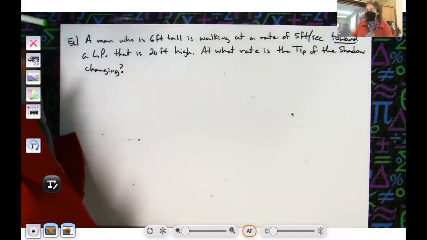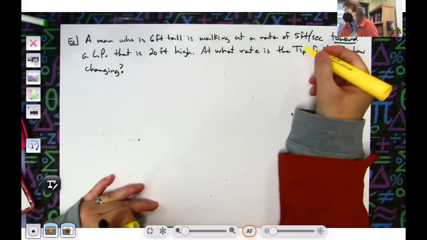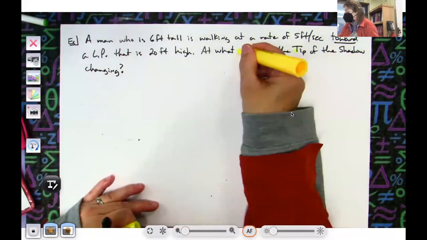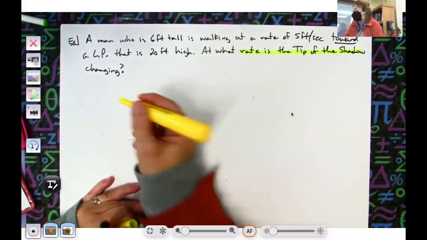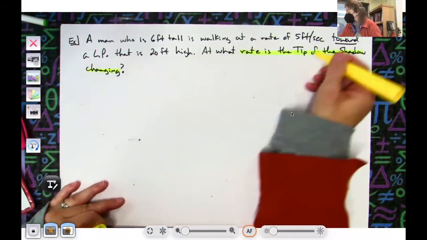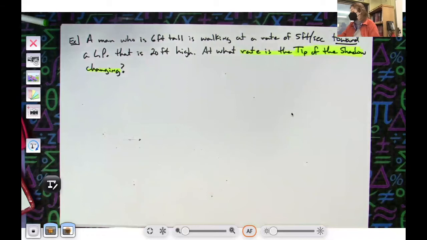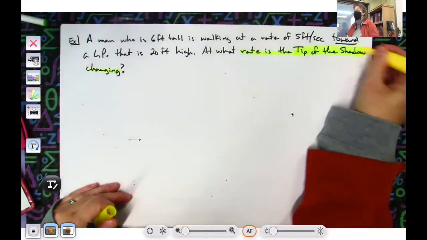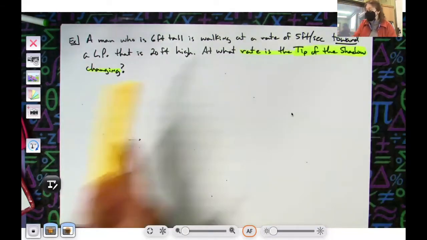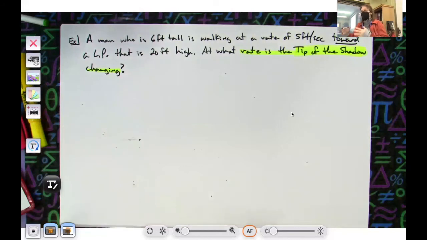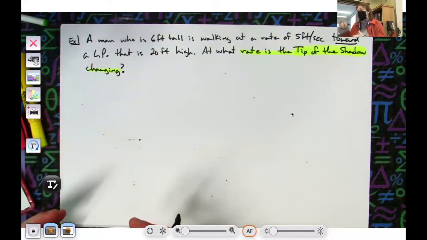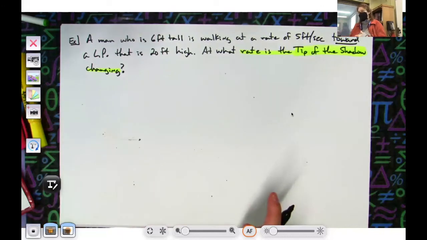I'm going to highlight that. Even though it's the same setup, I still got a 20-foot light pole and a 6-foot man. The picture and the way we label the diagram is not going to be the same because they've asked for something different.